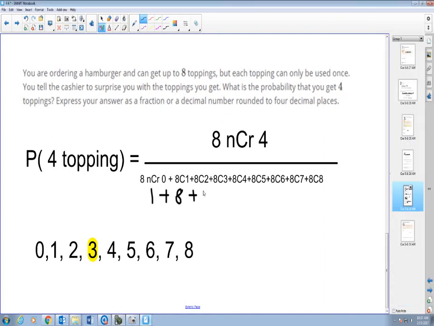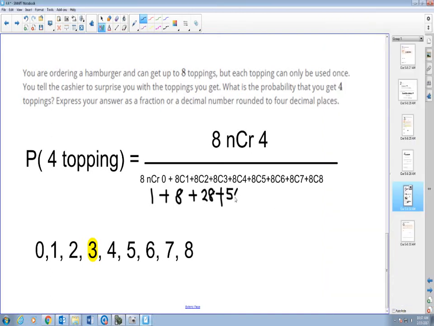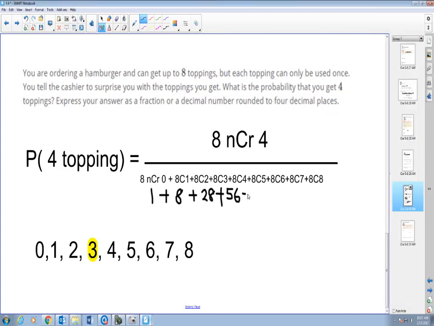That's 28. 8 toppings choosing 3 of them, how many ways? 56. 8 choosing 4, 70. Plus 8 choosing 5.